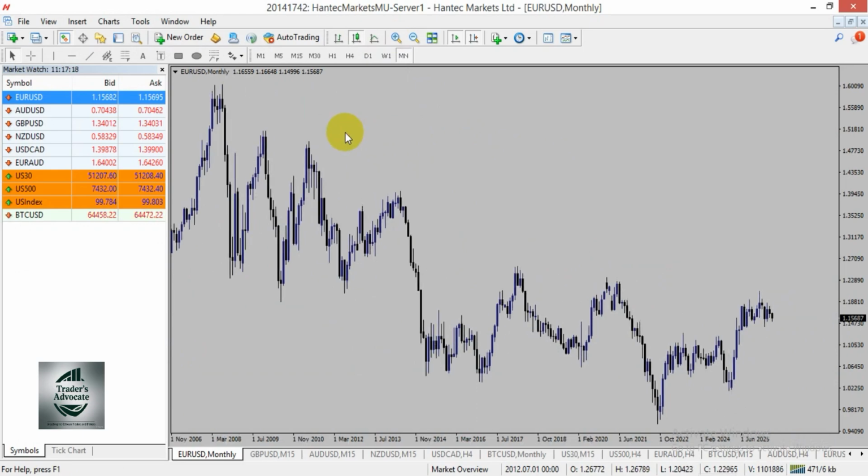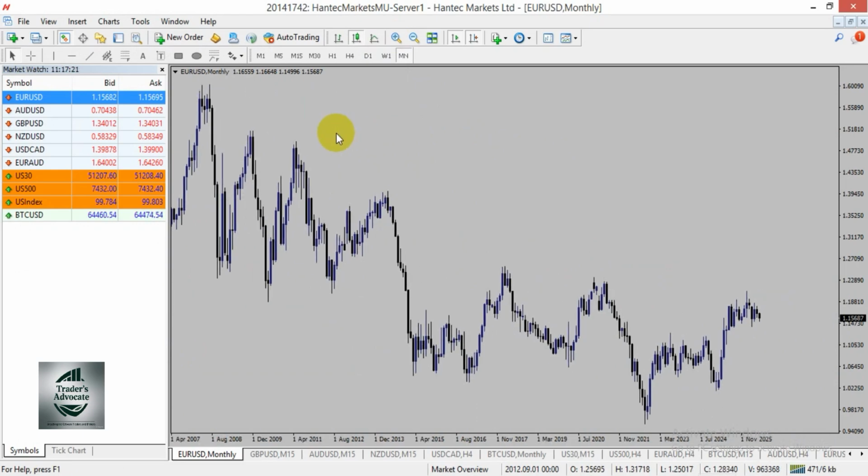For me, I'm a swing trader, so I do my analysis from the monthly time frame. If you are an intraday trader or a day trader, you might want to do your analysis from the daily time frame or the 4 hours time frame down to your entry time frame, which is the 15 minutes. I don't preach day trading or scalping. For me, I feel it's not the best way to trade.